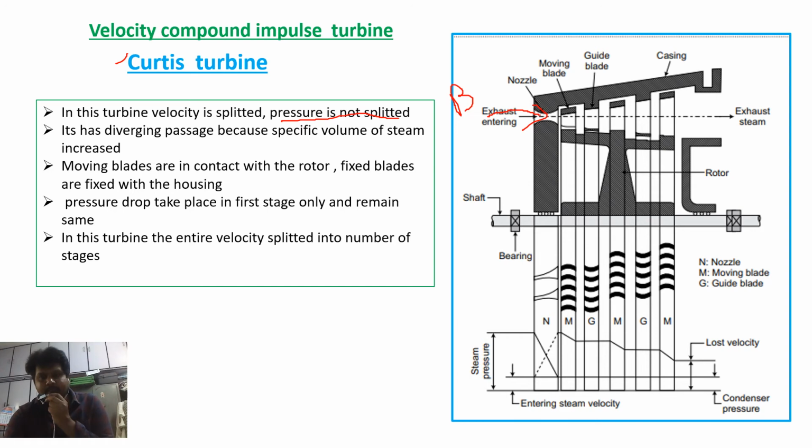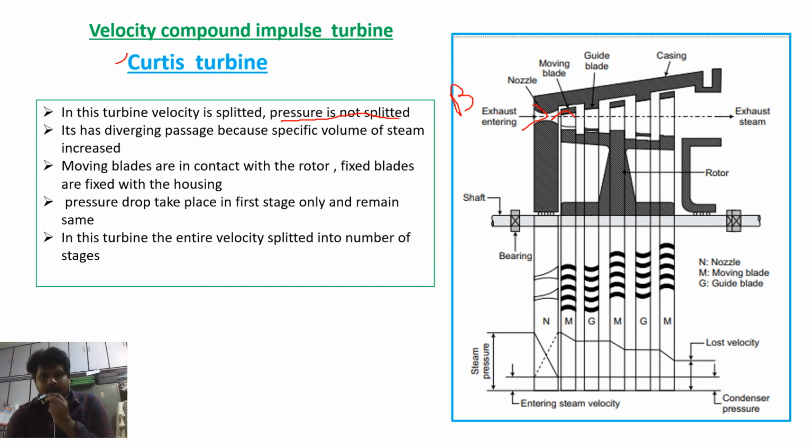From the nozzle, the steam will enter into the moving blade. When it passes through the blade, it exerts a force on the blade so that the blade will rotate. When the blade rotates, the shaft also will rotate because blades are fixed to the shaft. When the shaft rotates, since the shaft is connected to the generator, the generator will give the electricity.